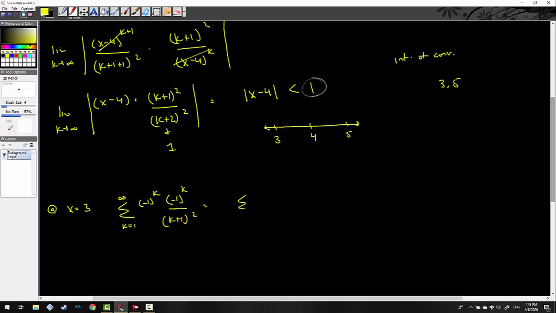Well, what's that going to give me? Well, that's going to give me from k equals 1 to infinity of negative 1 to the 2k over k plus 1 squared. And it seems like since this is 2k, if I plug in a 1, I get a 2. If I plug in a 2, I get a 4. If I plug in a 3, I get a 6. There's no escaping it. This 2k will turn this negative 1 into an always positive situation. So I'll go ahead and do that.